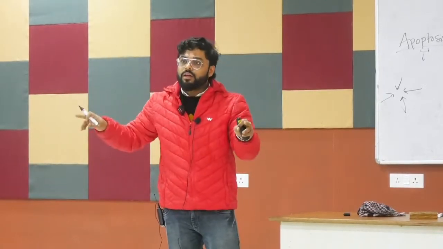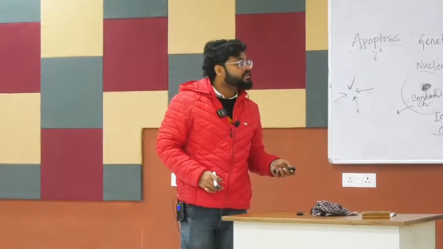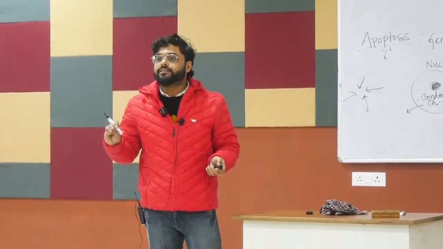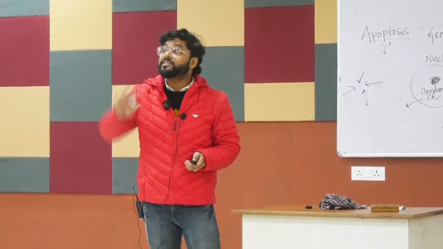So the whole tissue is dying in necrosis, but usually in apoptosis, it is scattered single cells, single cells, clusters of single cells, or scattered cells.